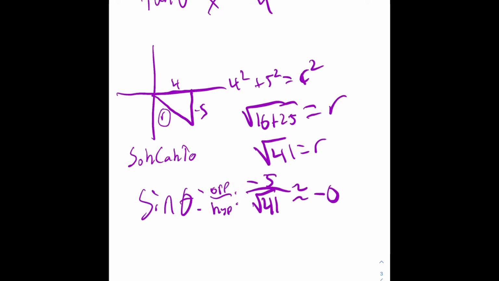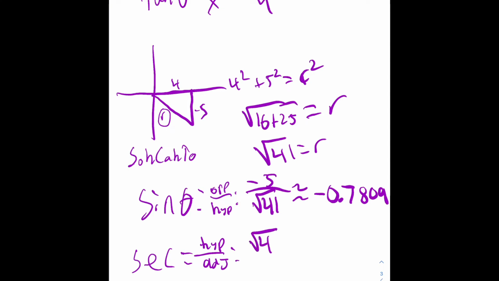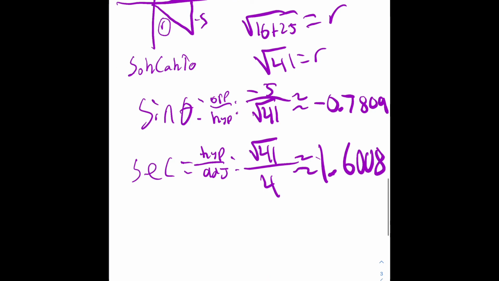When you use your calculator, you get approximately negative 0.7809. The other one we asked was secant, which is the inverse of cosine. Cosine is adjacent over hypotenuse, so secant is hypotenuse over adjacent, which would be the square root of 41 over 4, which is approximately 1.6008.